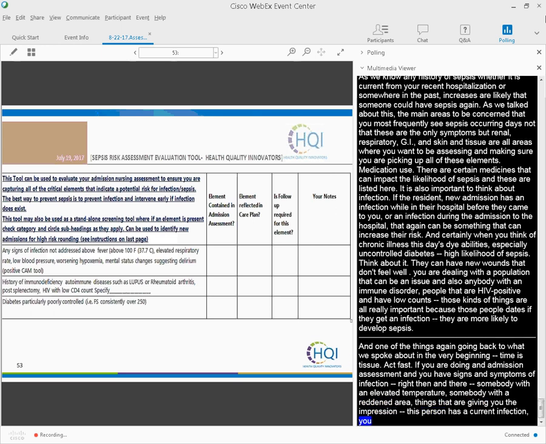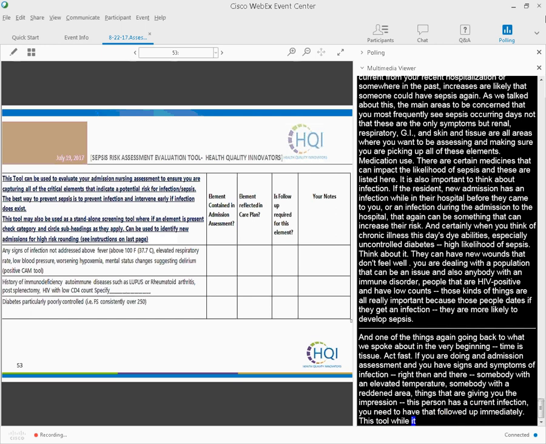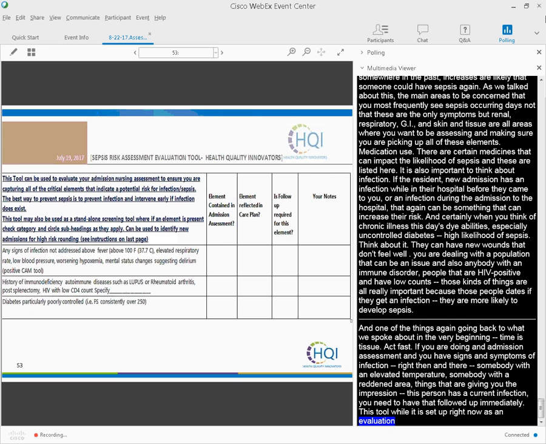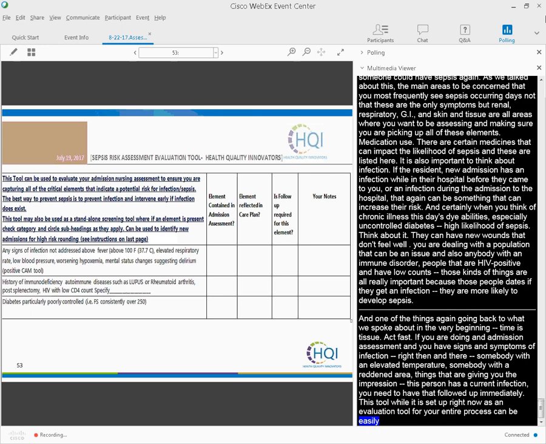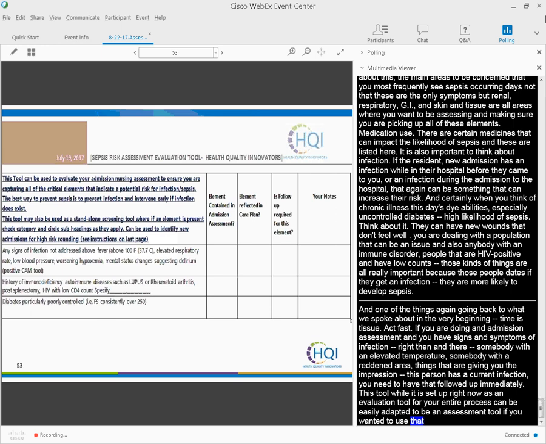Now this tool, while it's set up right now as an evaluation tool for your entire process, can be easily adapted to be an assessment tool to use on individual residents. You just need to change the columns to the right.